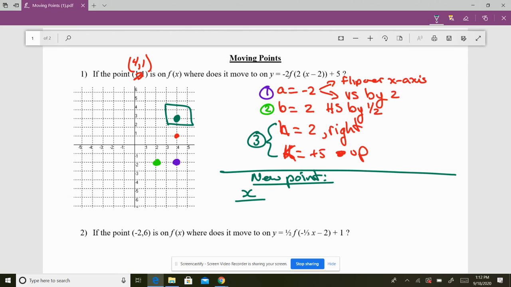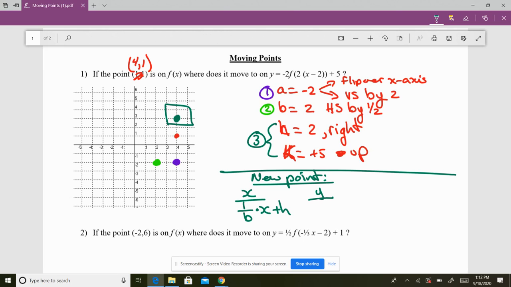B. When you take B out of the equation, what do you multiply by? Do you multiply by B? Or do you multiply by 1 over B? So it's going to be 1 over B times your original X value, plus whatever H is. That'll give you the new X coordinates, if you will.